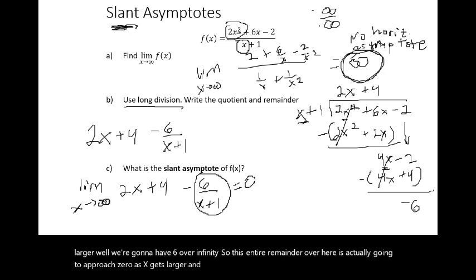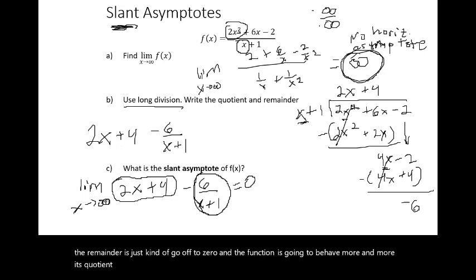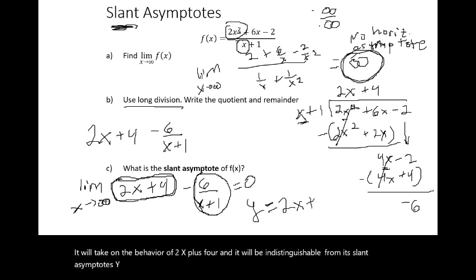So what will happen as x gets larger and larger is the remainder is just going to go off to 0, and the function is going to behave more and more like its quotient, 2x plus 4. So it will take on the behavior of 2x plus 4, and it will be indistinguishable from its slant asymptote, y equals 2x plus 4.